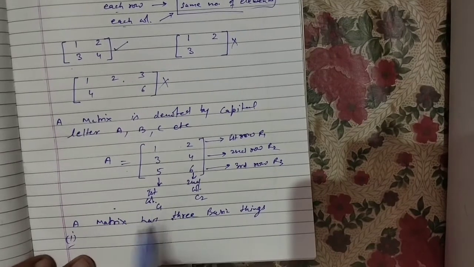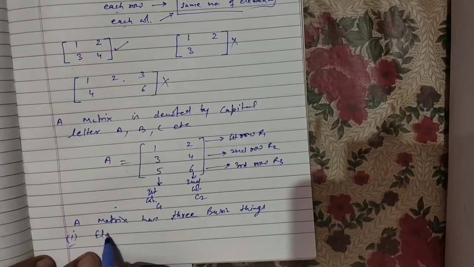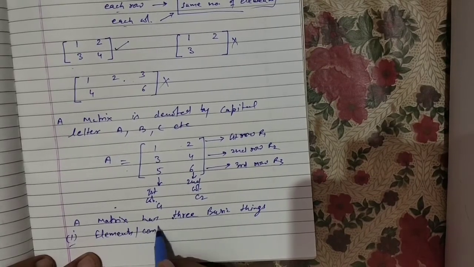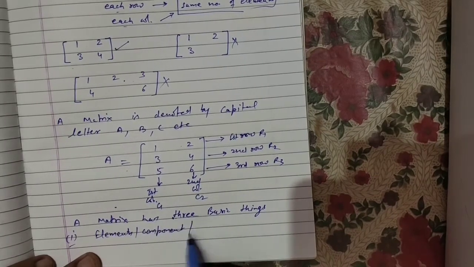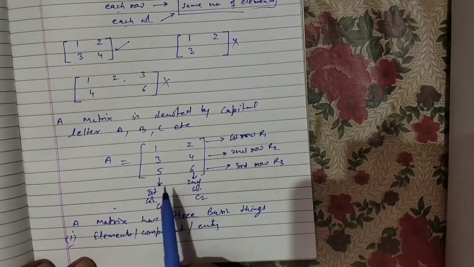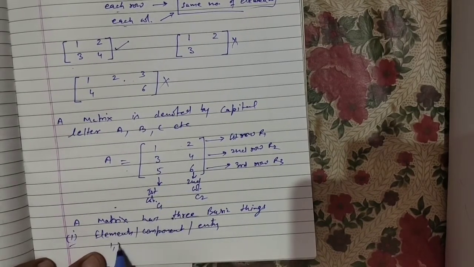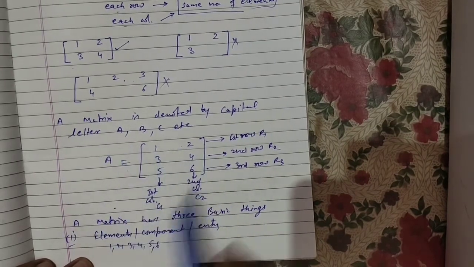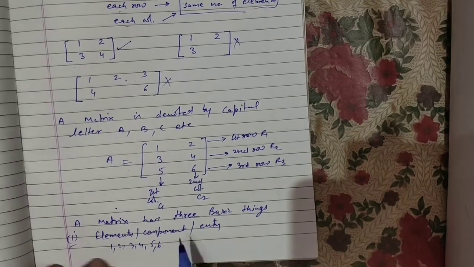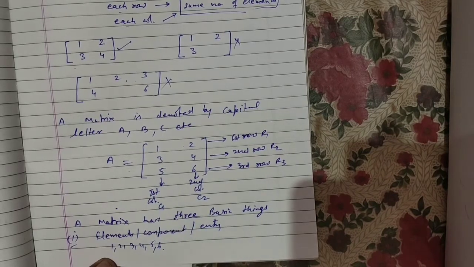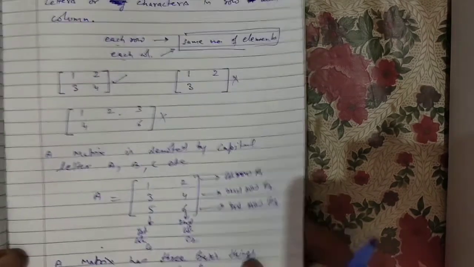First, elements or components or entries: 1, 2, 3, 4, 5, 6. This matrix has 6 elements. 1, 2, 3, 4, 5, 6 are called elements of this matrix, components of this matrix, and entries of this matrix.